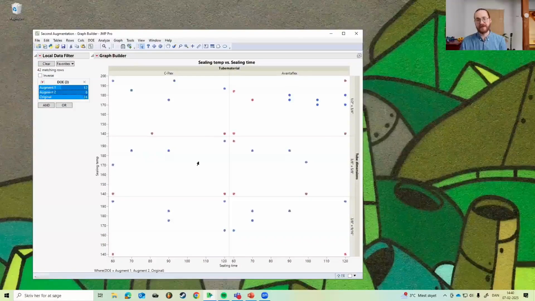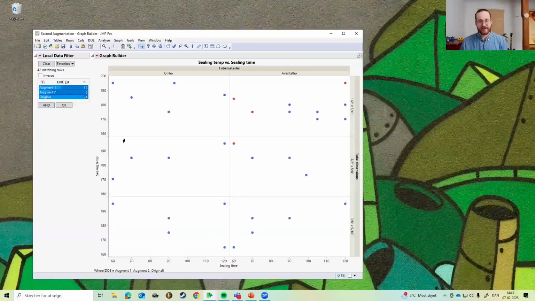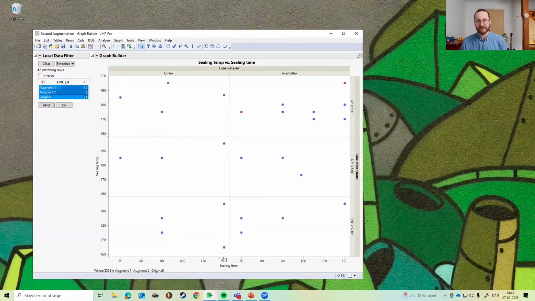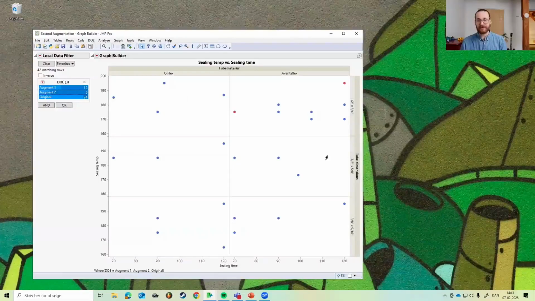So we're saying these five are relatively easy to seal. If we just don't use ridiculously low temperatures, we actually only have blue dots except for ridiculously low times. So if you just do that, that's a lot of combinations, a lot of repeats that only give good results. The only weird one out is this one combination.